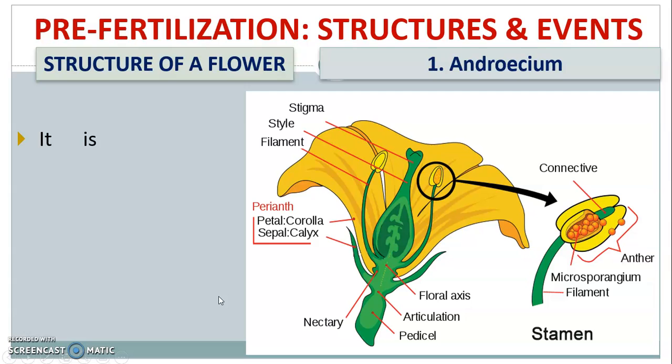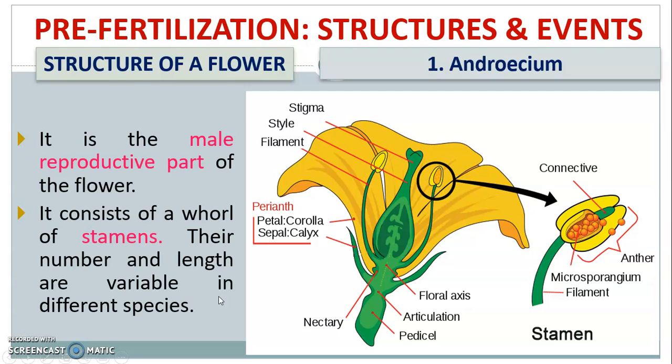Now, androecium. This androecium is the male reproductive part of a flower, which means this is the male side of the flower. And if we talk about the male side, this flower will definitely produce the male gamete, right? So this androecium is also known as the stamen. We also call it stamen in general.